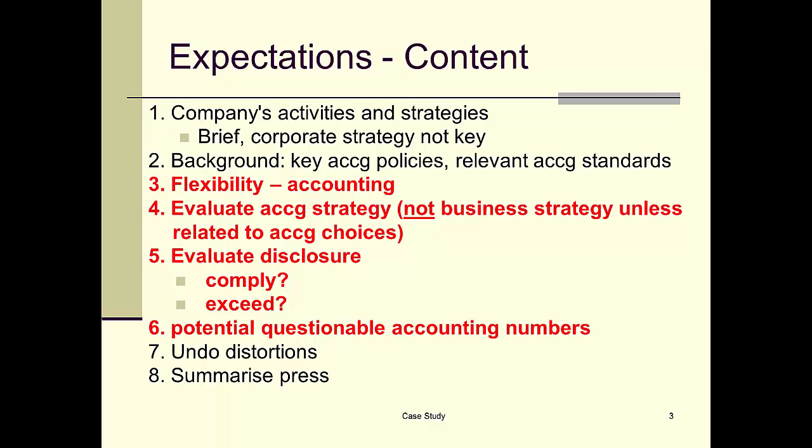Really what we're asking in asking you to talk about flexibility is, given a set of circumstances, how many choices or how much choice does the company have in reporting that? So is the range of numbers that they can report without changing the economic reality big or small? So in other words, can they put a particular spin on the reality through the use of accounting?